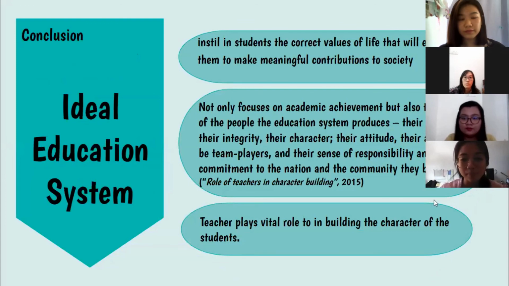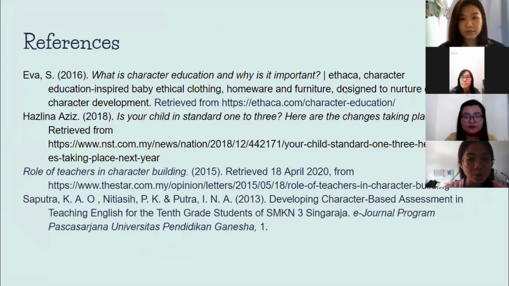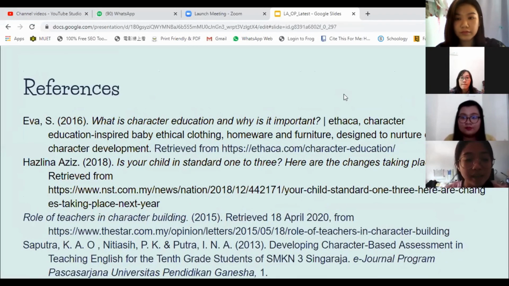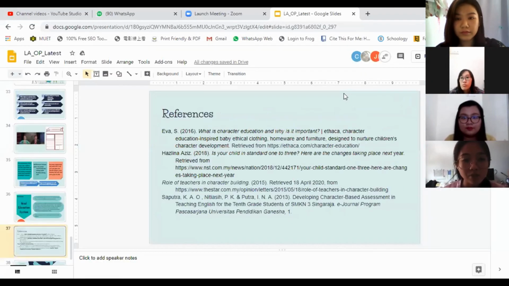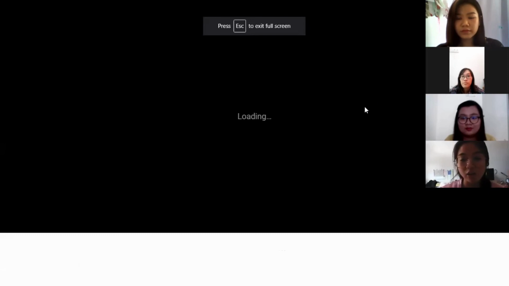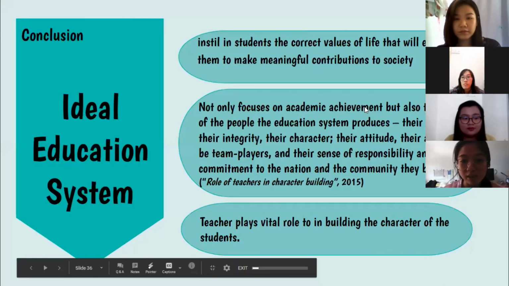So, in conclusion for this presentation, an ideal education system should be produced where it instills the correct values of life in students, enabling them to make more meaningful contributions to society, and not only focuses on academic achievement but also on the quality of the pupil.